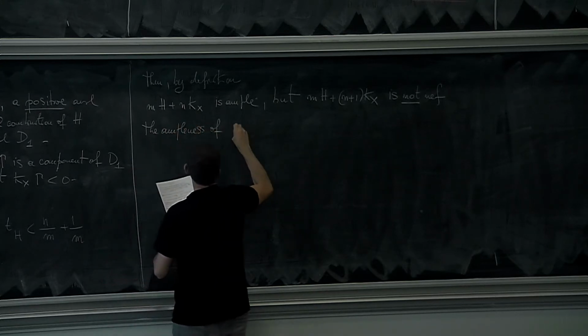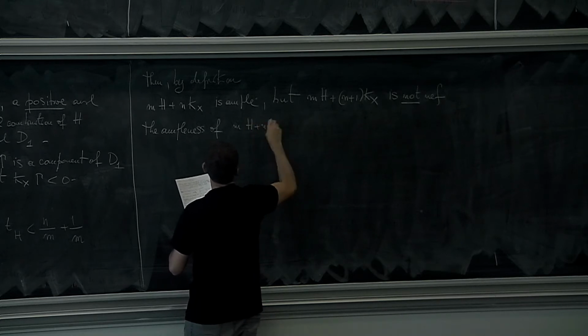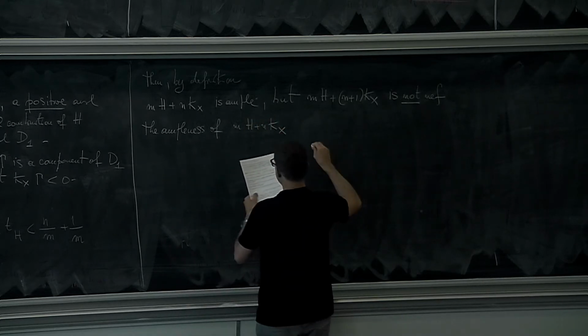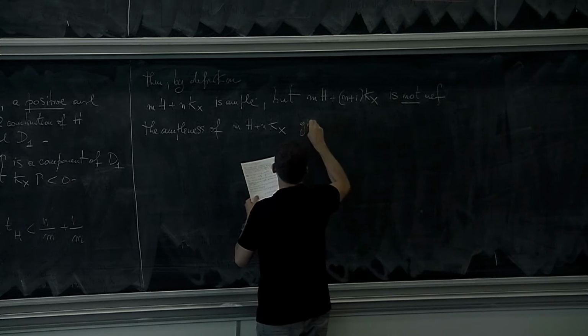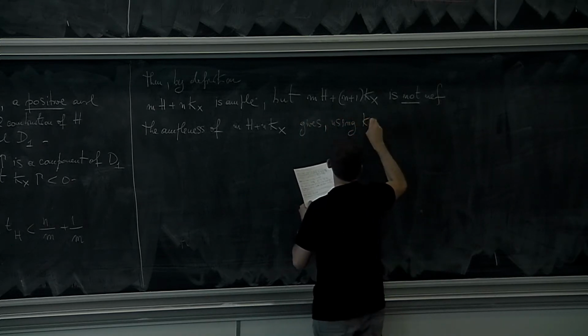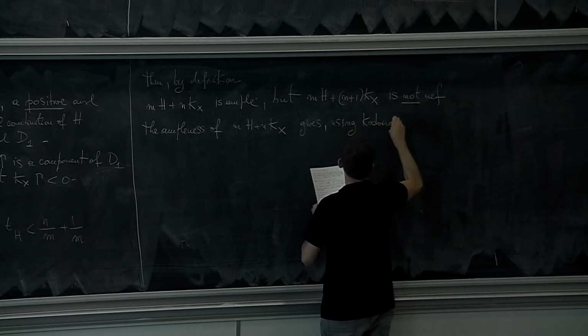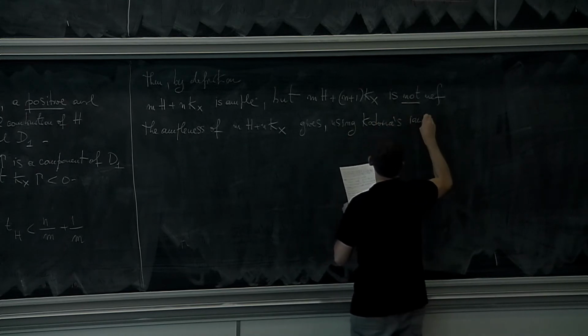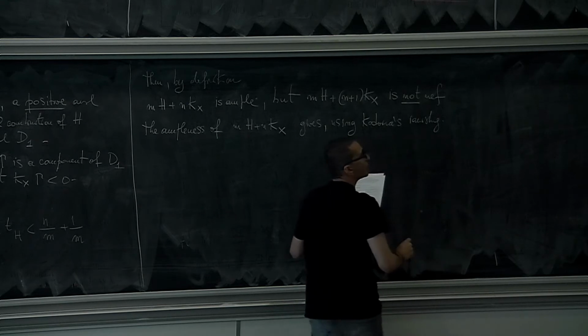Okay, the ampleness of mH + nKX gives us, using the Kodaira vanishing theorem, the following thing.